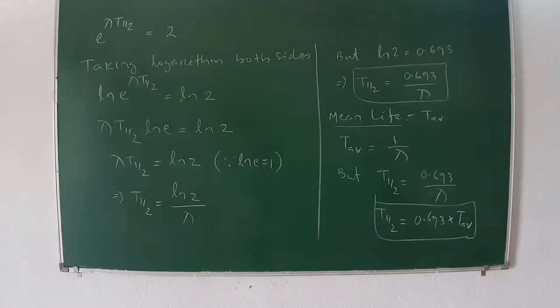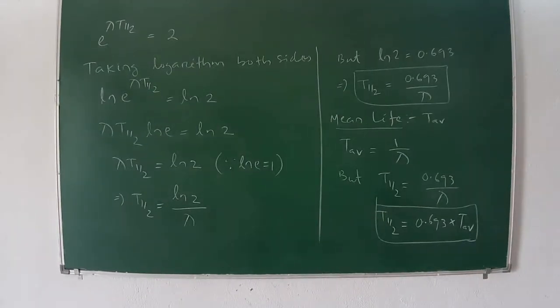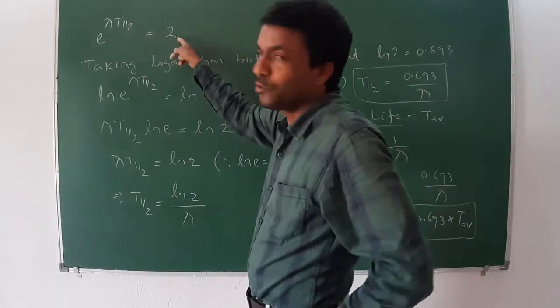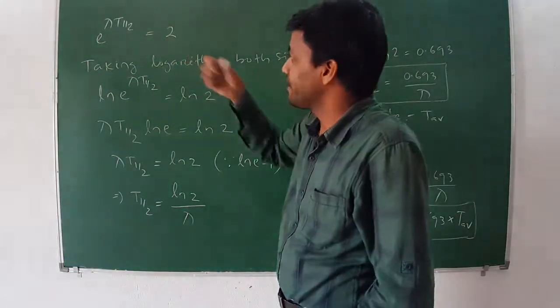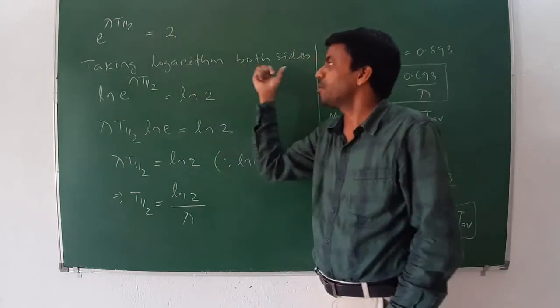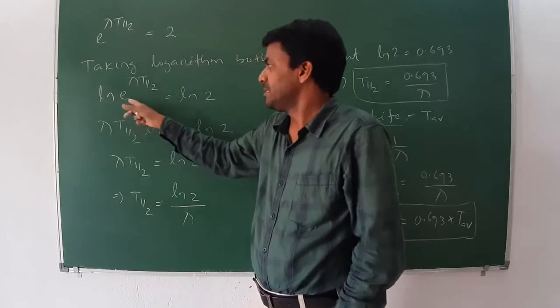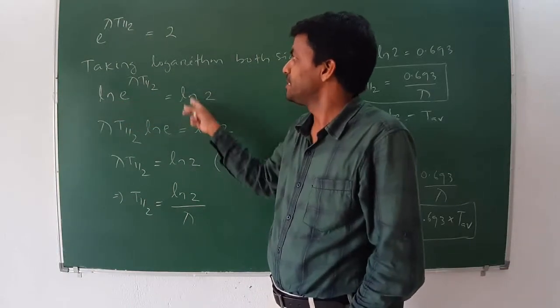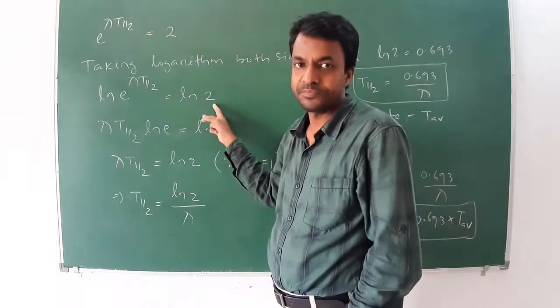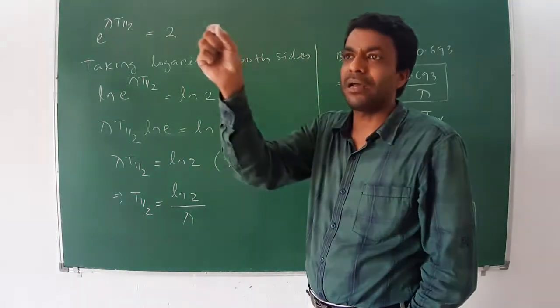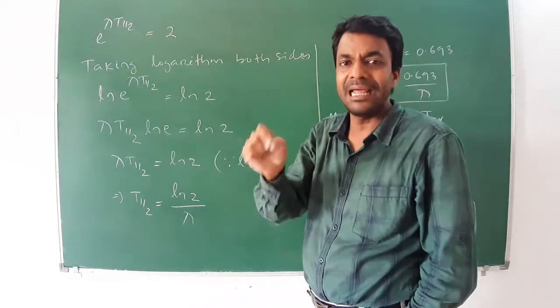Now e to the power lambda T half is equal to 2. Taking the logarithm of both sides, ln e to the power lambda T half is equal to ln 2, or ln m to the power n is equal to n ln m.